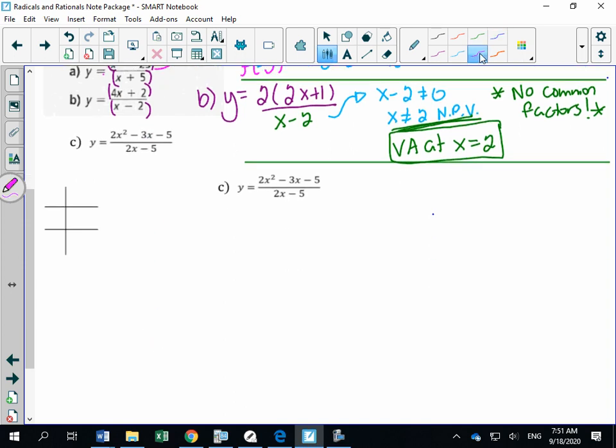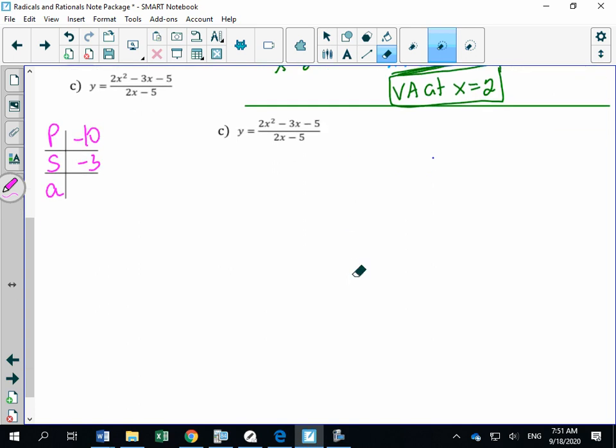So factoring my numerator, I'm looking for what two numbers multiply to -10, and what two numbers sum to give me -3. The answer is going to be 2 and -5. So 2 plus -5 gives you -3. 2 times -5 gives you -10.